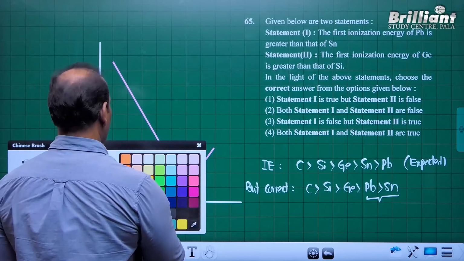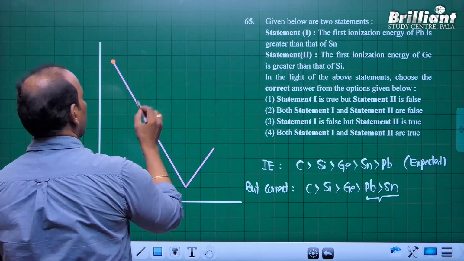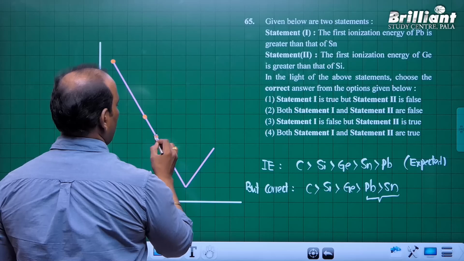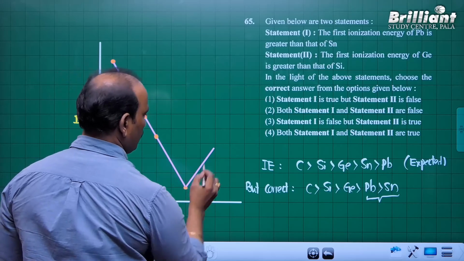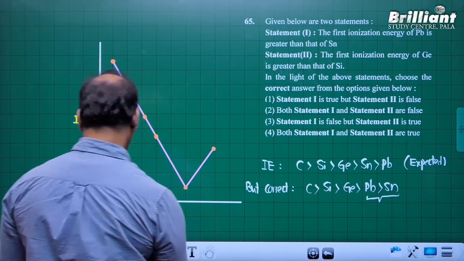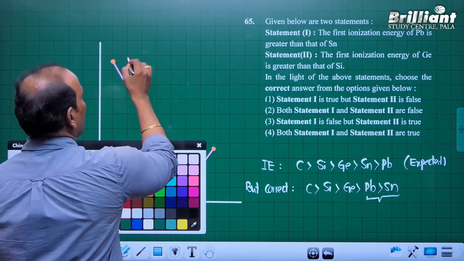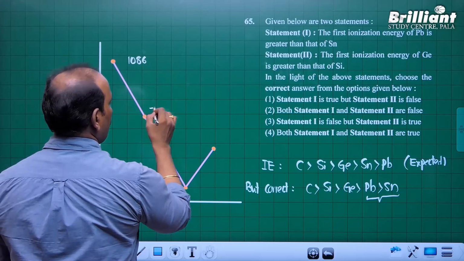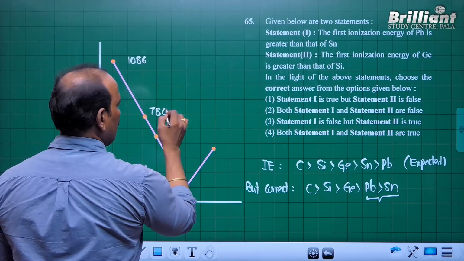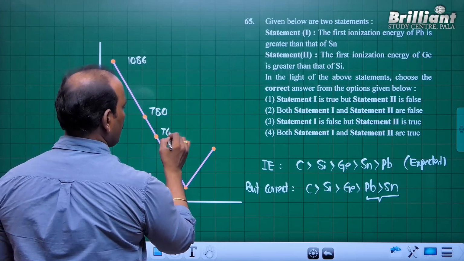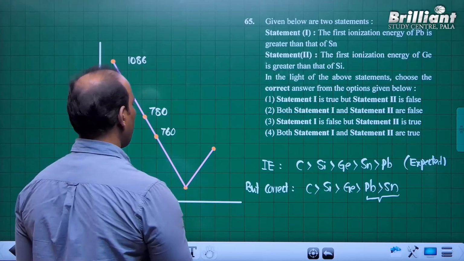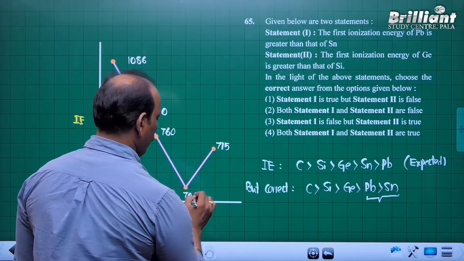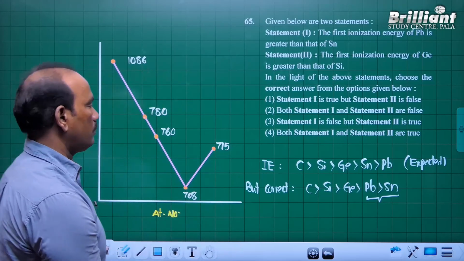Here this is carbon, silicon, germanium, tin, lead. These are not exact values, this is around 1086, this is around 780, this is around 760, approximate values in kilojoule per mole. Next, this is 715, this is around 718.